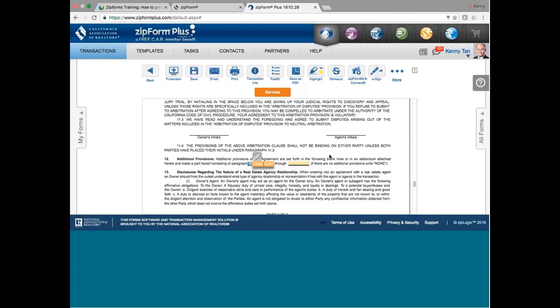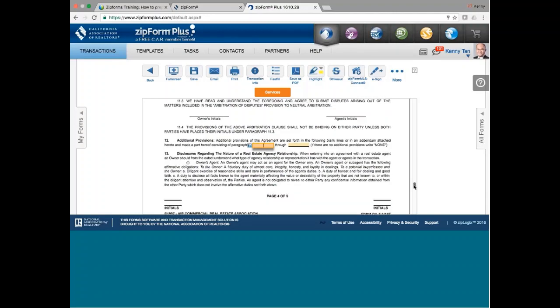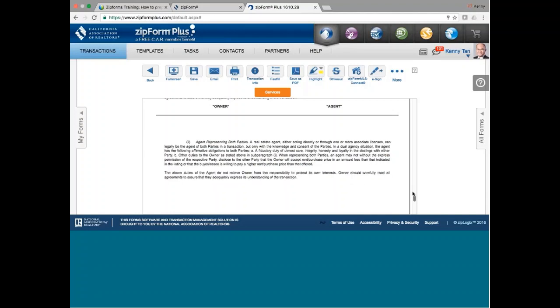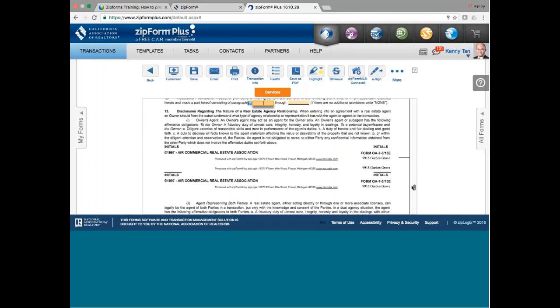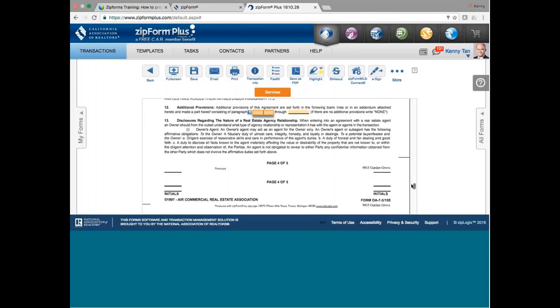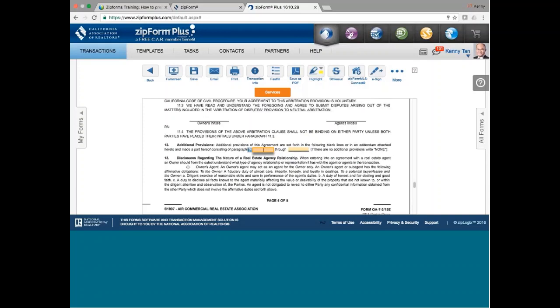Because the standard form ends with paragraph 13, on your addendum you actually have to start with paragraph 14, and then you finish up with whatever the last paragraph is. Just so you don't repeat the paragraph numbers on the addendum. You just use a different paragraph number because the last one is 13.